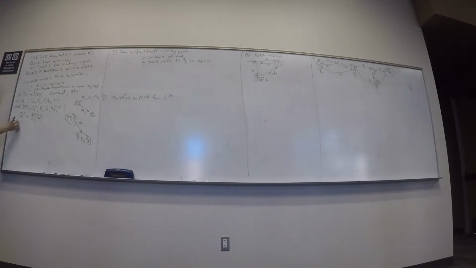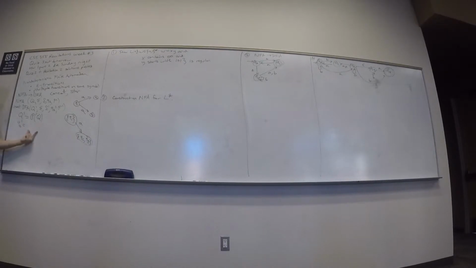Let's look at the start state for now. So how do I define what the start state of the DFA is going to be? Remember, what are the states of the DFA representing in the NFA? What are they representing? Sets of states, right?